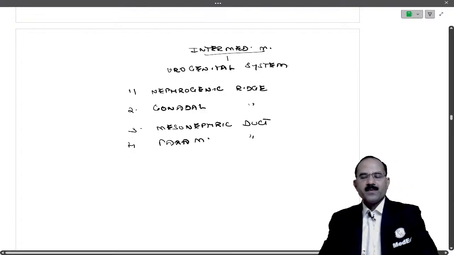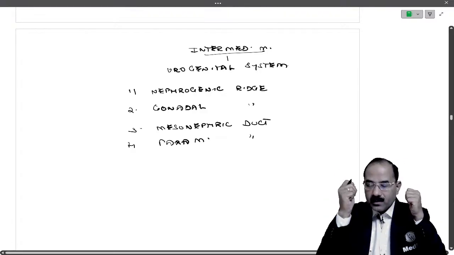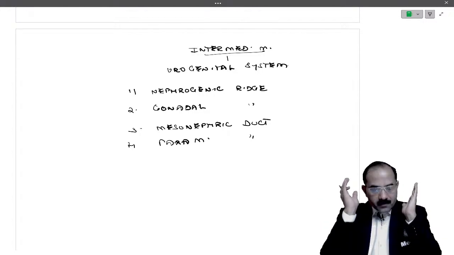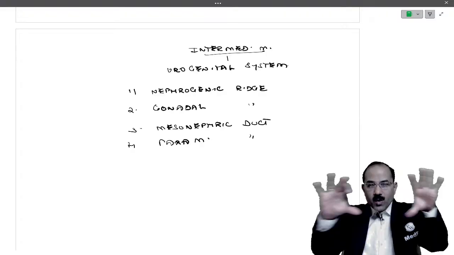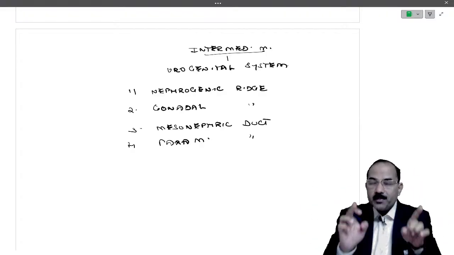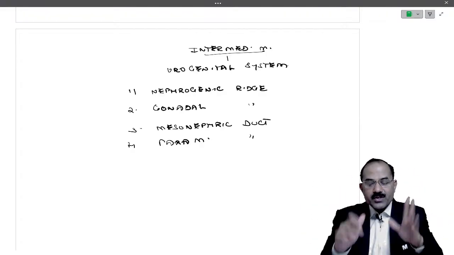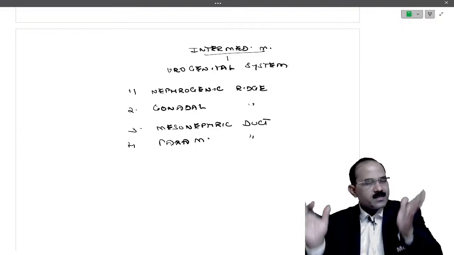Just remember this. These 4 things, the gonadal ridge, the nephrogenic ridge, the mesonephric duct and the paramesonephric duct, are all derived from the intermediate plate mesoderm, which forms our genitourinary system.